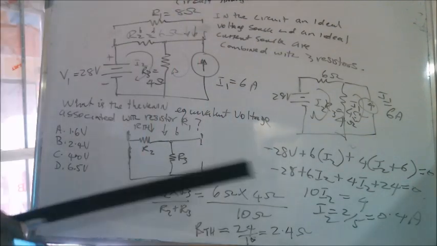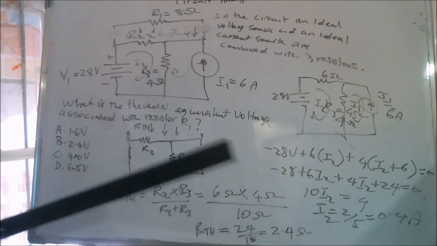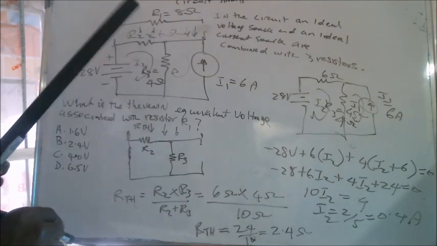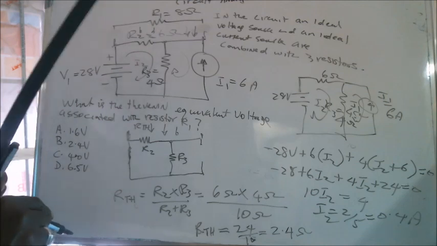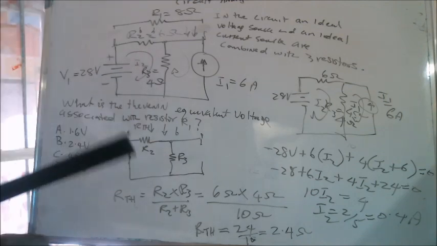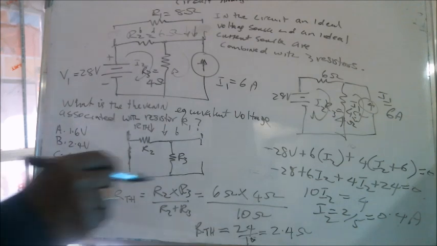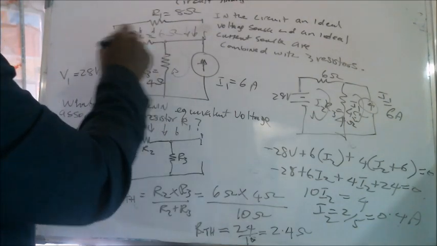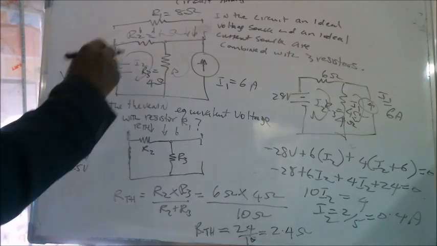So 0.4 amps is the current flowing through I2 here. Take note that R1 is isolated as a load resistor. In that case, we know I2, so we can find the voltage across this resistor R2, since we know the current flowing through it.